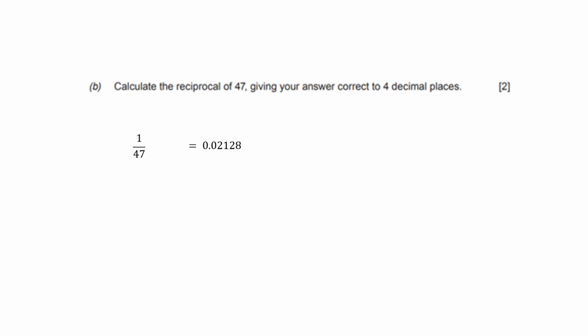They've asked me for 4, I'm going to do 5, and now I'm going to change it to 0.0213. So I go to the 4 decimal places. The 0 between the point and the 2 counts as a decimal place because it affects the number. So please make sure when you're doing these questions you are accurate. Don't try and work things out in your head. You're allowed to use your calculator. Please do so.